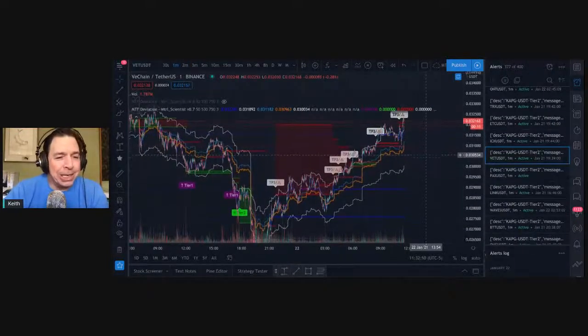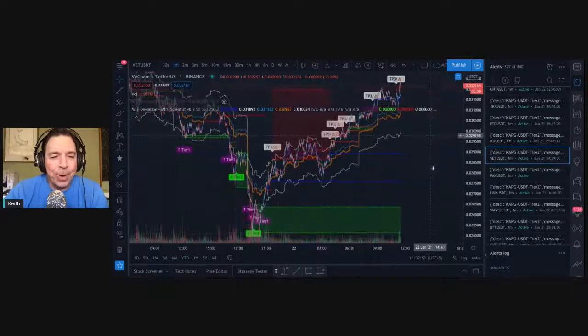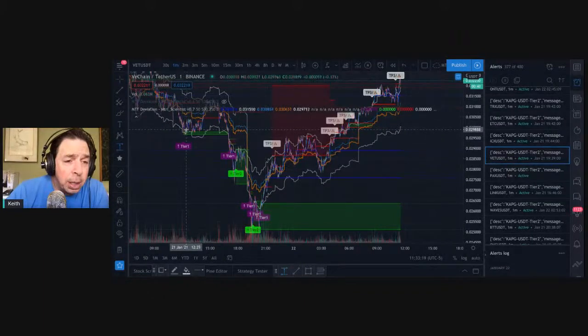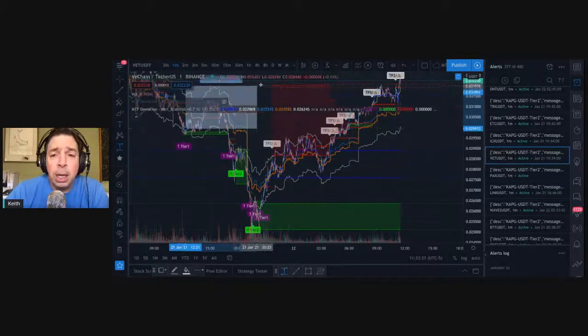This is VET USDT, and we can see a series of signals have come in, starting in not such a great position here, right? And they got progressively better, but there were other dumps, and it fired a flurry of signals down here, but they've all obviously gone to the upside quite well. So even these have turned profitable at this point.